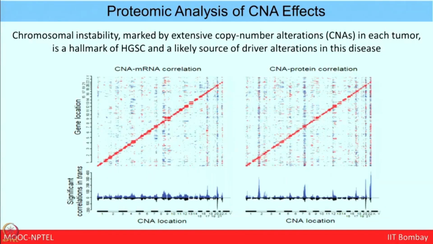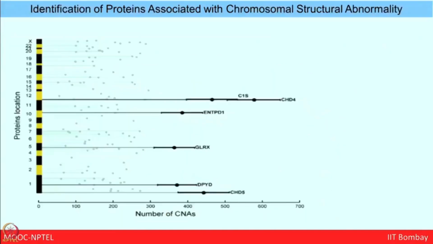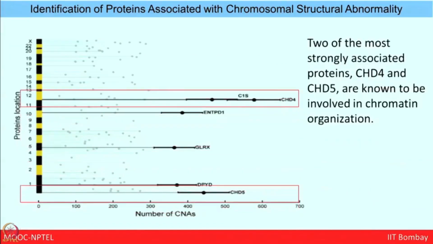So, from this CNA-mRNA correlation and CNA-protein correlation, they found that two important proteins, CHD4 and CHD5, have the maximum number of CNAs. When they further studied, they found that these two proteins are involved in chromatin organization.